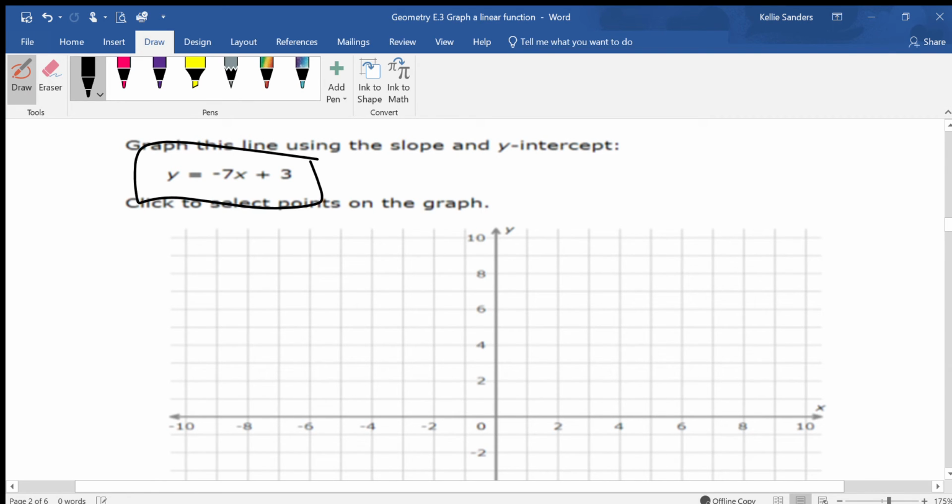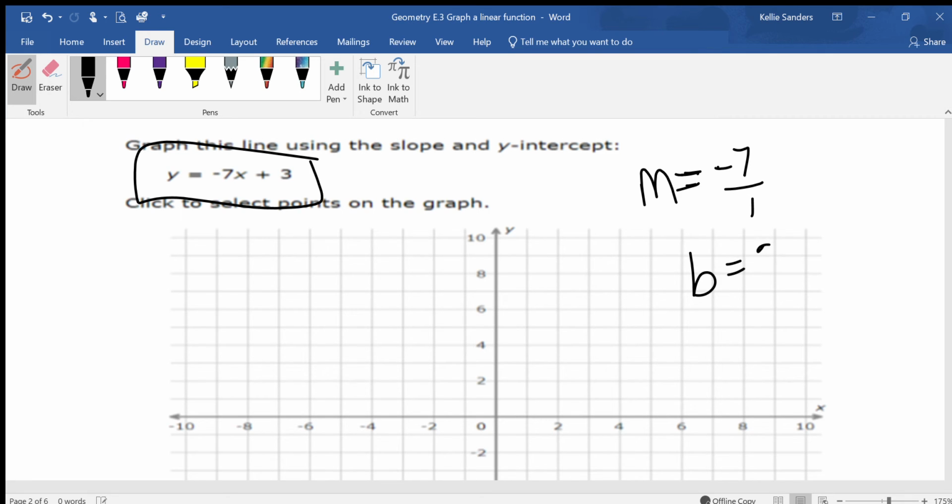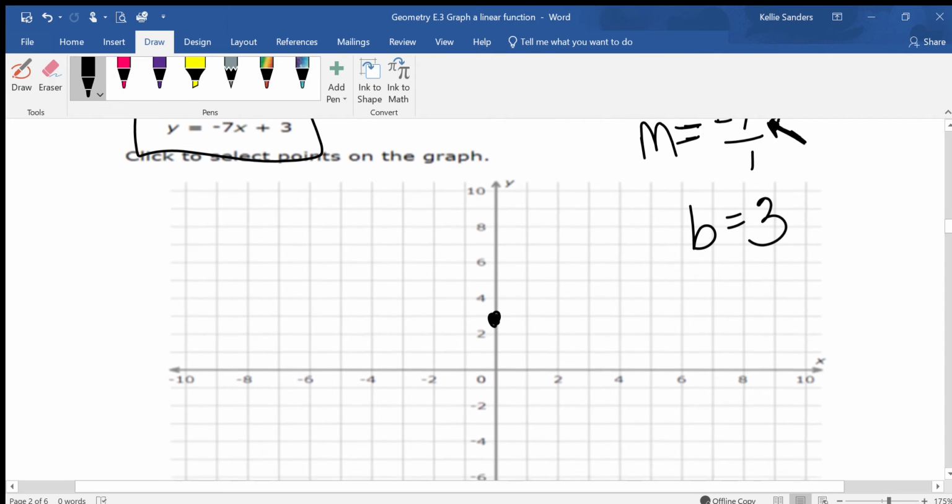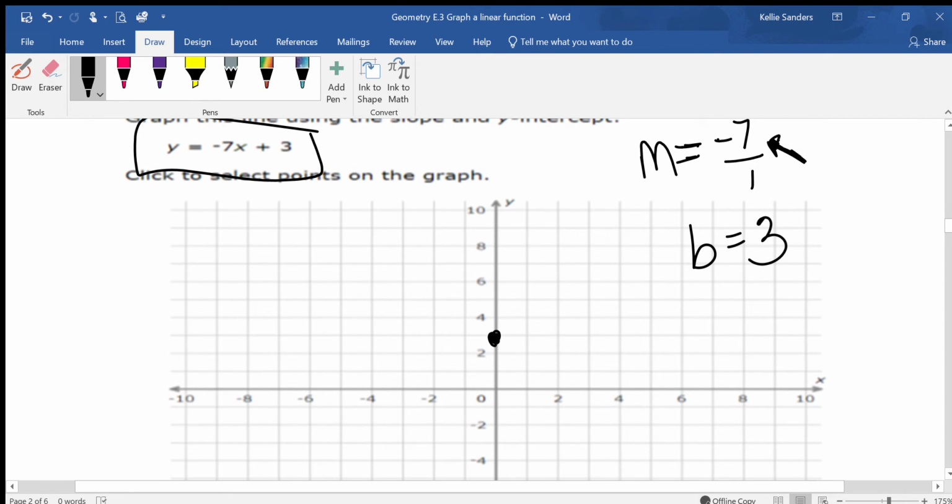Y equals -7x plus 3. Y is by itself. So our slope is -7 over 1, and our b is +3. Up 3, draw a point. Now, watch this. Right now, I put the negative with the 7, okay? No big deal. If we're going to rise -7, I need more room here.